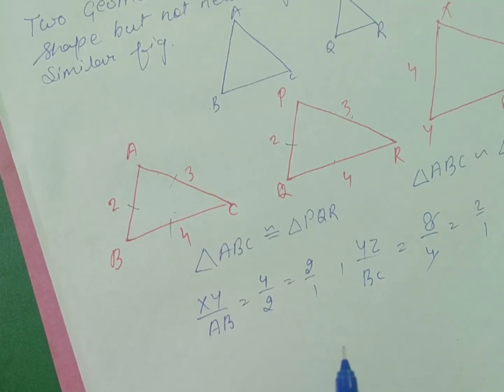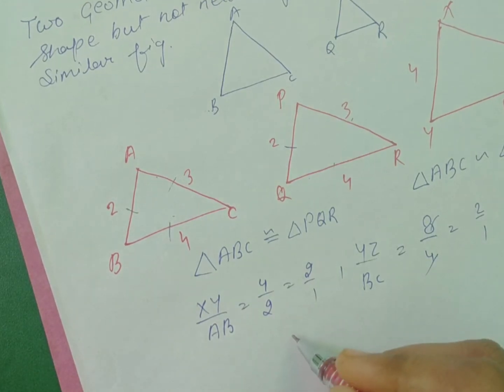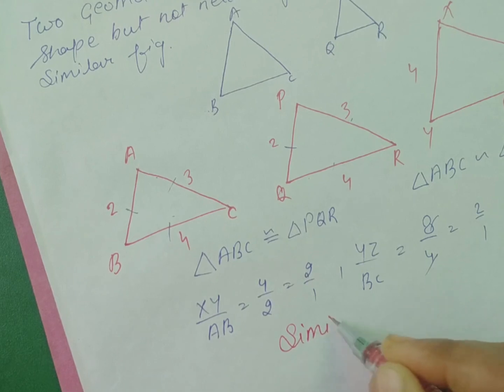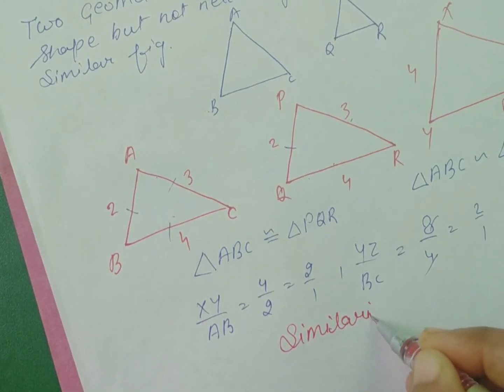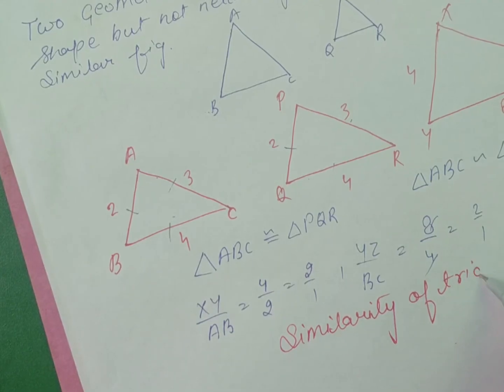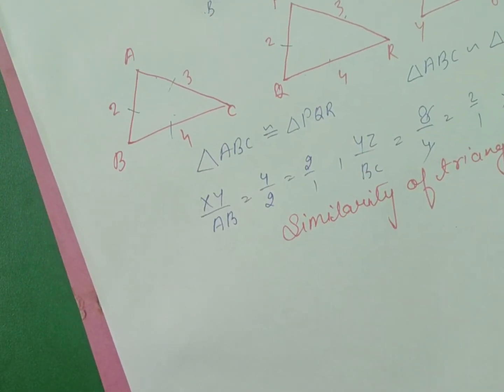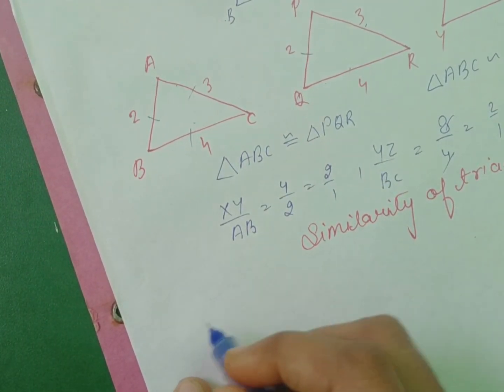So based on the same, let me introduce today's topic, which is similarity of triangles. So how is it defined?